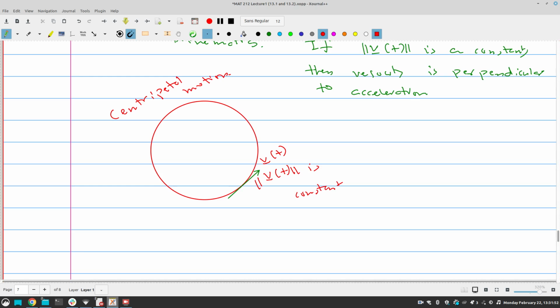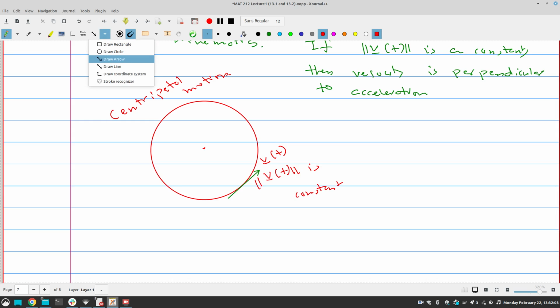From high school physics, you know that the acceleration is going to be towards the center of the circle.